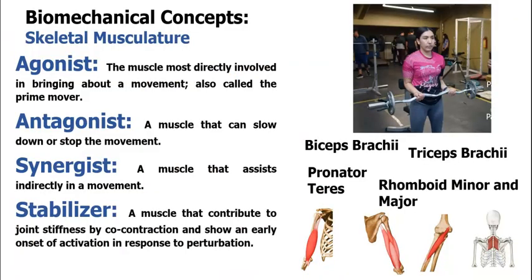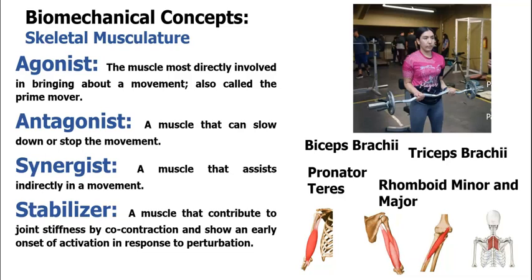But well, the first topic is muscle action classification. This is a classification system for determining muscle action during a movement. Basically, as you can observe on the screen, we need to identify how a muscle acts as agonist, antagonist, synergist, and stabilizer while performing an exercise.